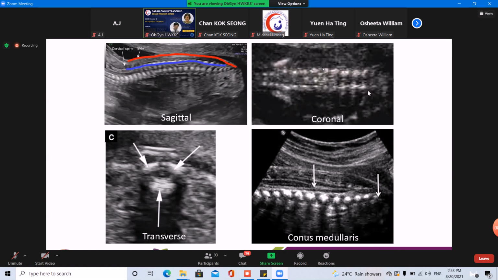And in the coronal plane, we examine the transverse processes of the vertebrae, which would be aligned just like a tram line here. They are parallel, and you would also be able to notice how the tram line tapers in the sacral area. And in the transverse section, we would be able to examine the vertebral bodies one by one.